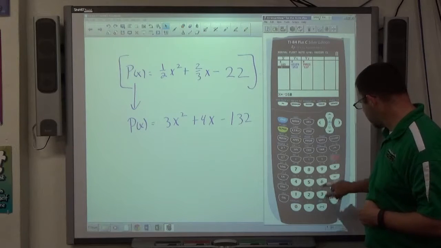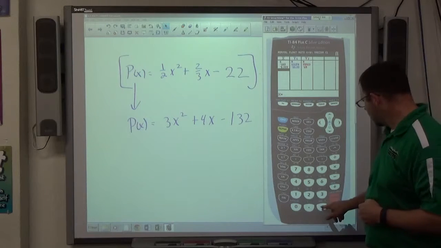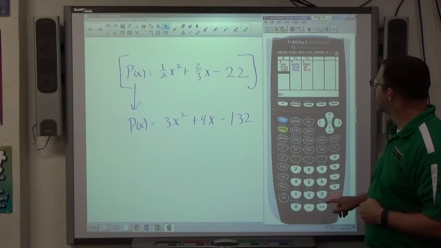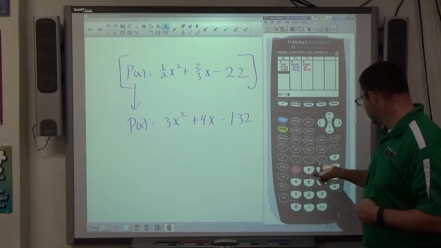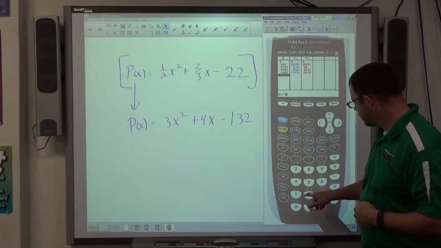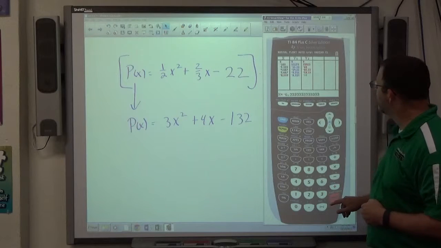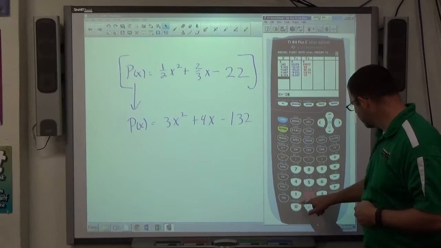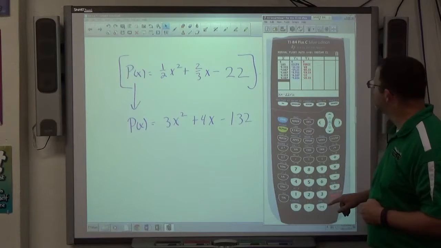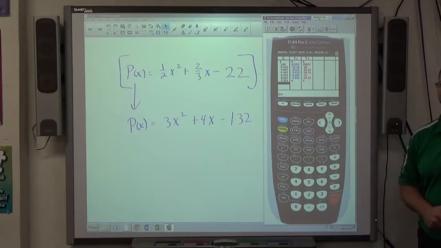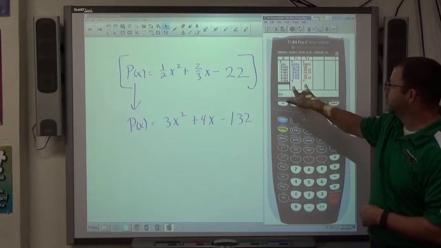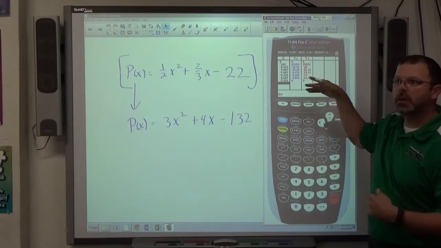Negative 14 thirds. Nope. Negative 17 thirds. Negative 19 thirds. Getting closer, negative 20 thirds. Negative 22 thirds. There it is, negative 22 thirds. So they both have the same zeros. They don't have the same everything else.